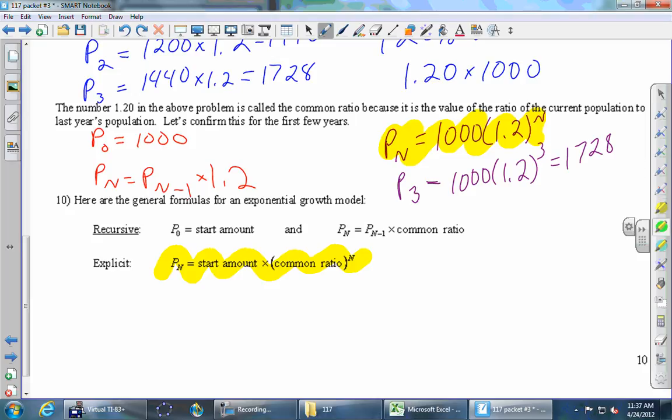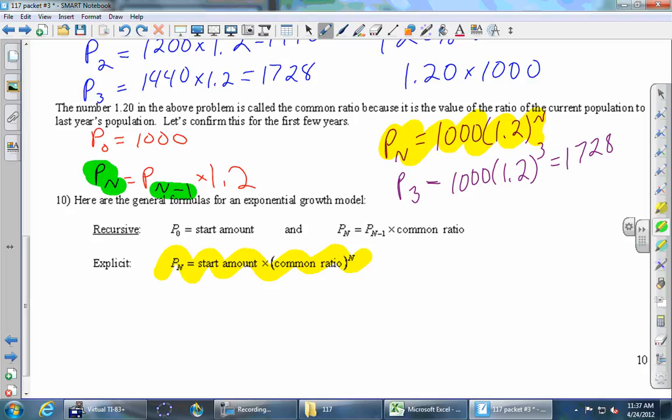I realize that I'm asking you guys to make a leap here, and the leap is somehow that this n has something to do with this n minus 1. I haven't been saying n and n minus 1. I keep saying this year and last year. That's the leap I need you guys to make. Pn is a generic this year. If n is this year, then what's n minus 1? Last year. Okay.